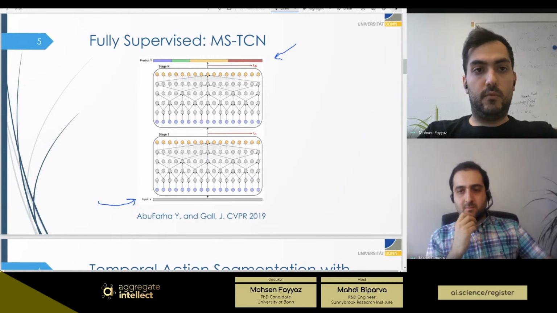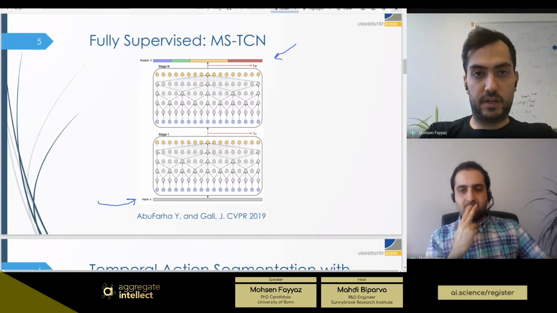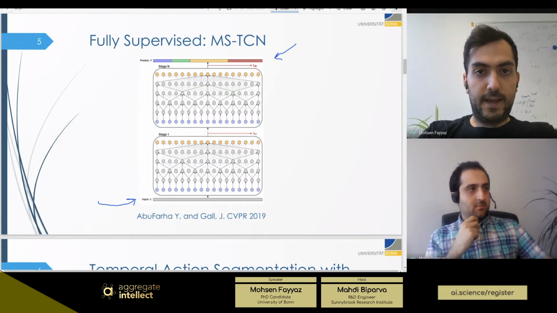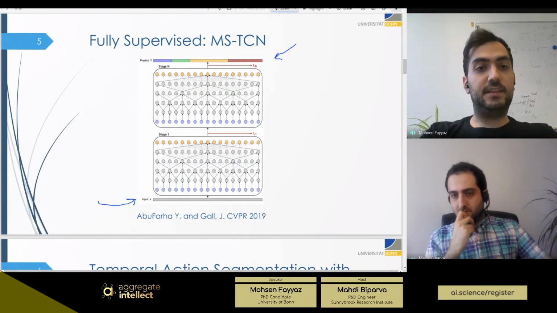So what people do now is use some pre-trained 3D networks or other feature extraction techniques. Actually, nowadays, everyone uses deep learning methods. They extract the feature of each frame, and then use these represented features as the input to their model.